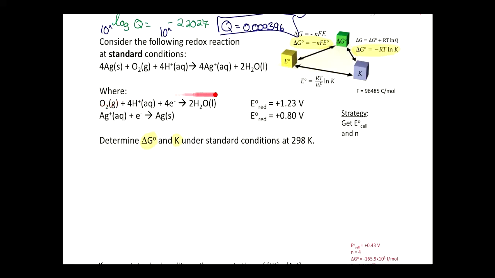So notice here what's happening. We have two reduction reactions. This top reaction is most likely to be the what? The cathode or the anode? Cathode, yes, it's going to be the cathode because it's positive. And then the bottom one is the anode because it's more negative. Also look at the reaction. Okay, so the top one is the cathode. O2 is, yes, the reactant.